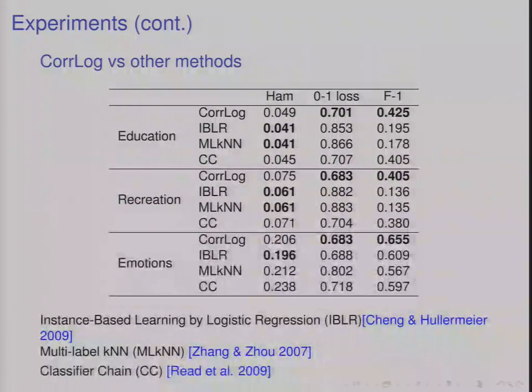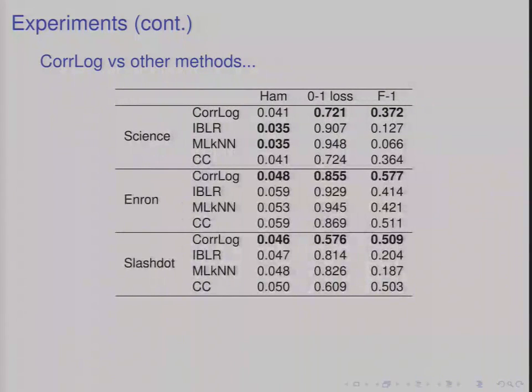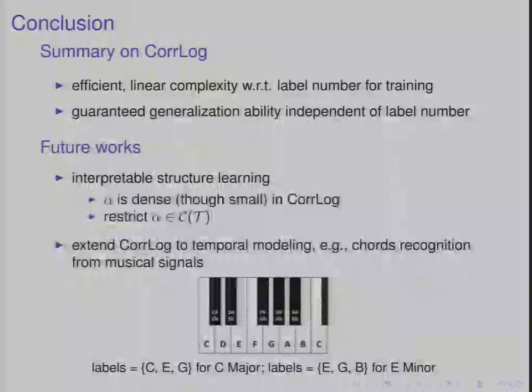But on Hamming loss, it does not show too much improvement. Sometimes it works worse than other methods. And here is the result for the other 3 data sets, and we can draw the same conclusion from the table.